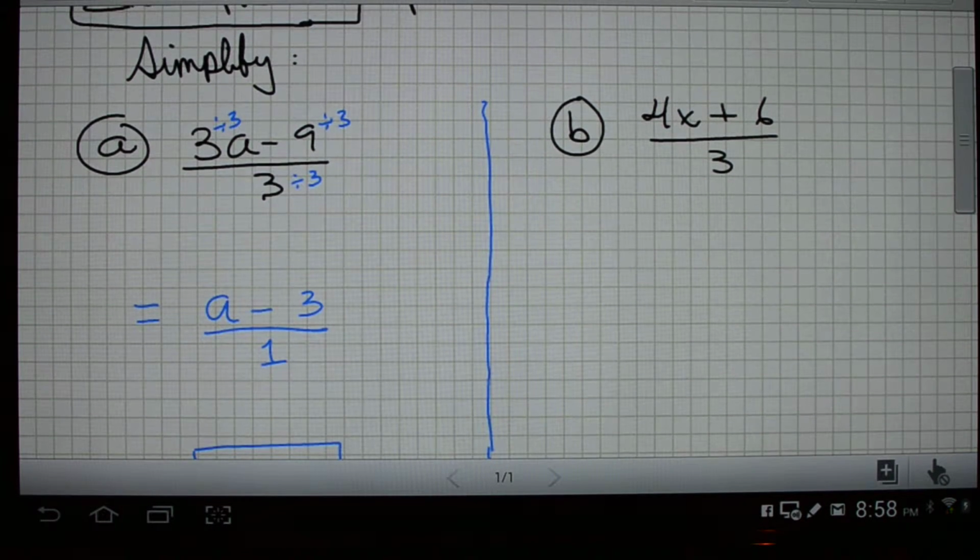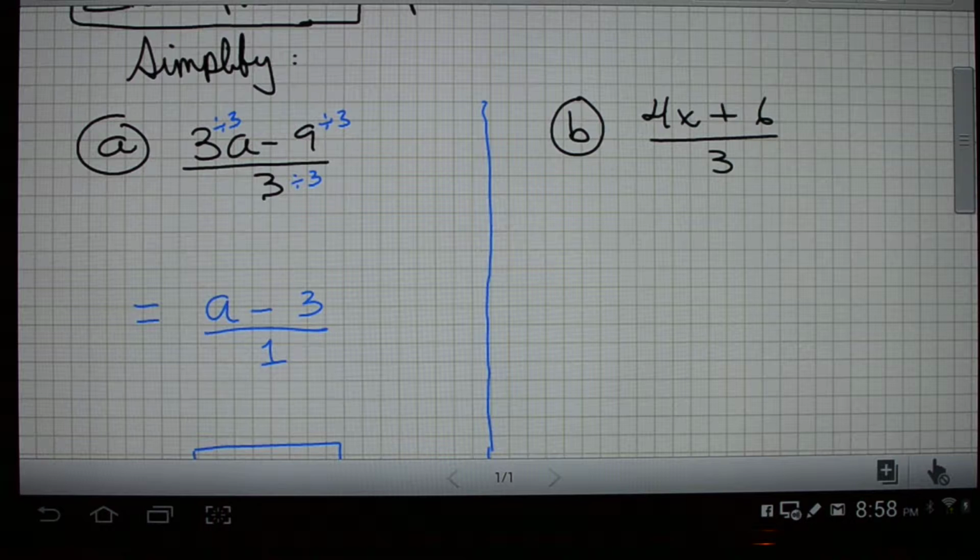Now let's look at these three. Those three are not divisible by the same number, so we have a bit of a problem. The only thing you can do with this is factor the top.